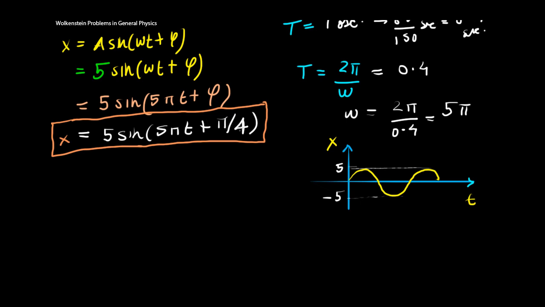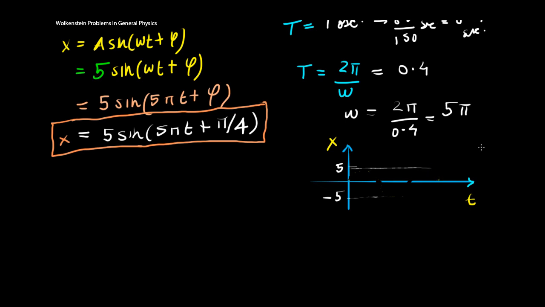Okay, and at t equals 0, this is 5 over square root of 2, right? So this is somewhere, I should have drawn it later actually. This is not actually the graph that we want, but it is somewhat shifted, right? Because there is a pi by 4 there.